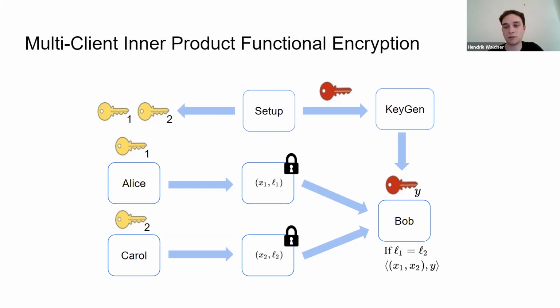So in our case, L1 equal to L2. And security in this setting holds if Bob doesn't learn more than the inner product that he's allowed to learn by having his functional key for the vector Y.